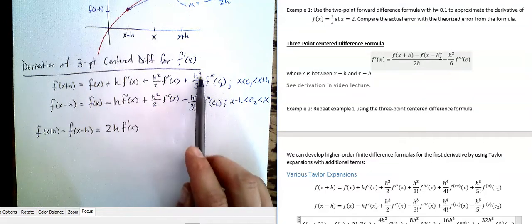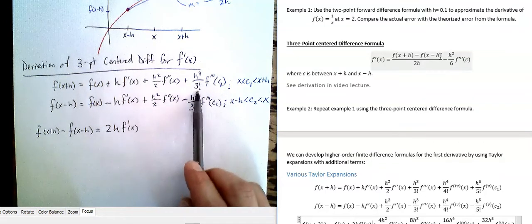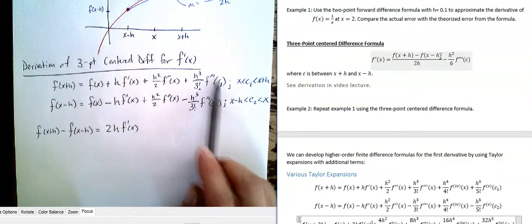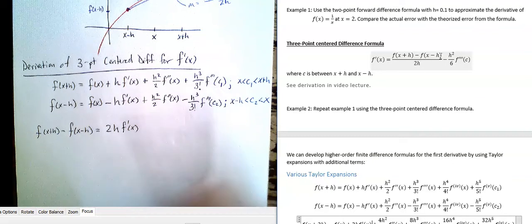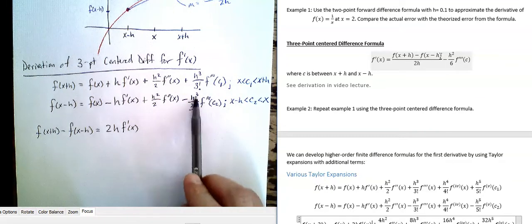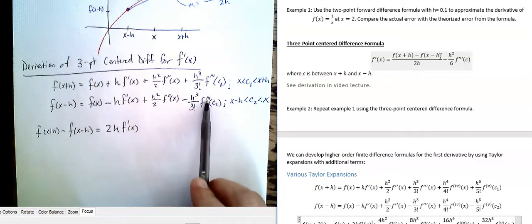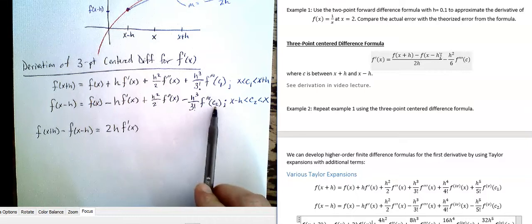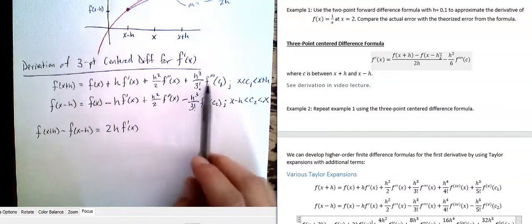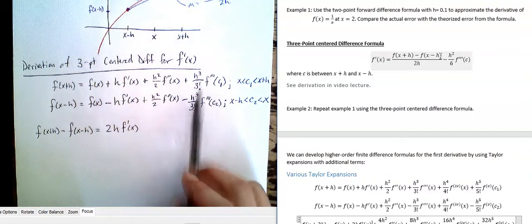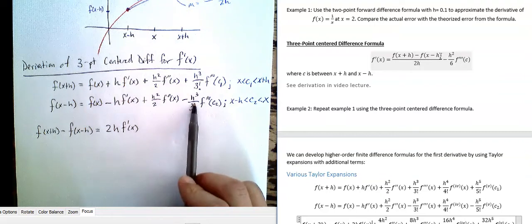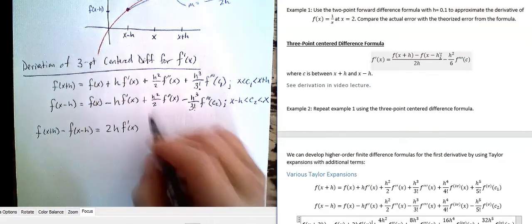And then we'll have h cubed over 3 factorial f triple prime at c1 minus negative h cubed over 3 factorial f triple prime at c2. Since they both have this term h cubed over 3 factorial, I can just factor that out.